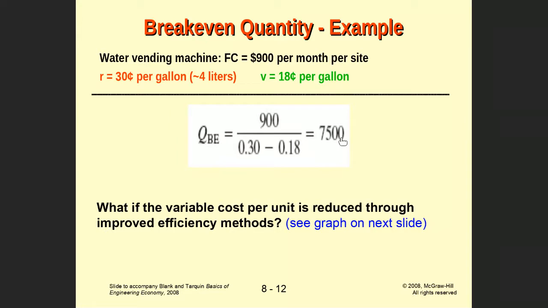If you are selling less than 7,500, even if it's 7,499 bottles, that means you are having a loss, not a profit. If you are just selling 7,500, that means your cost equals your revenue.